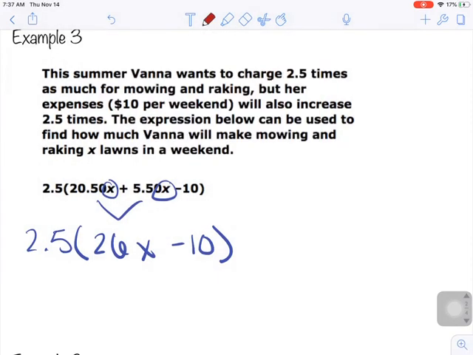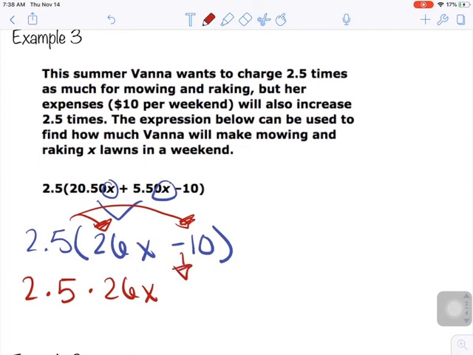Now, since there are no other x's, I can't do anything else in the parentheses. If this 10 had an x by it, then I would be able to combine those and subtract. But since it doesn't, they're not like terms, I'm going to leave it as is, and now I'm going to do the distributive property. So I'm going to have 2.5 times 26x, keep that subtraction sign the same, and then 2.5 times 10.